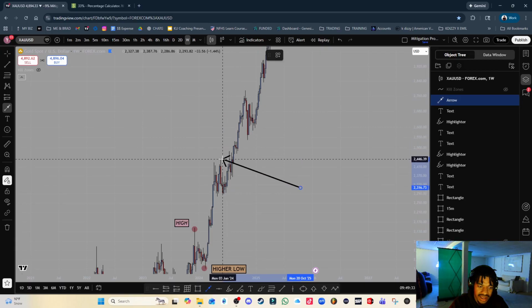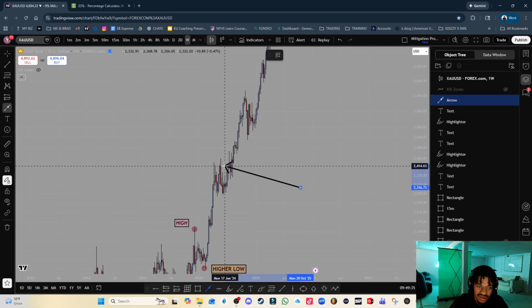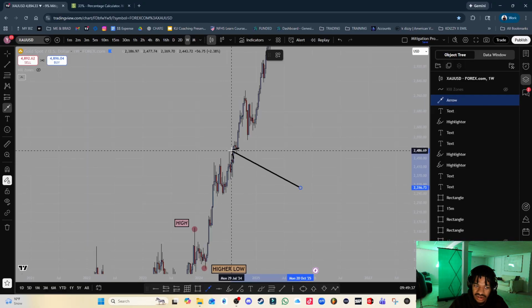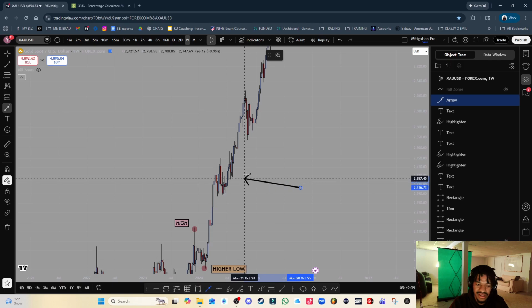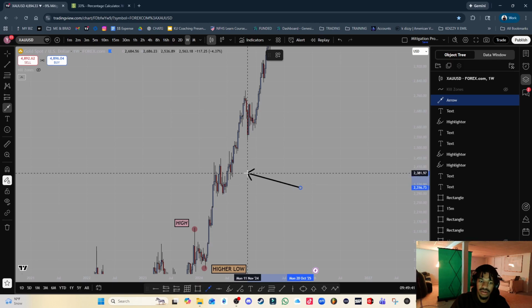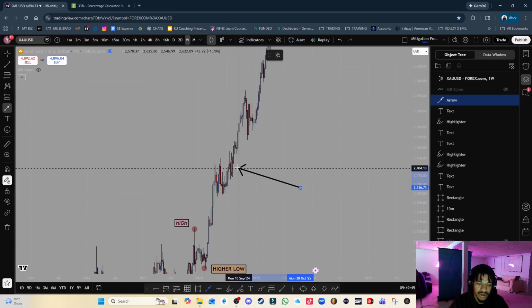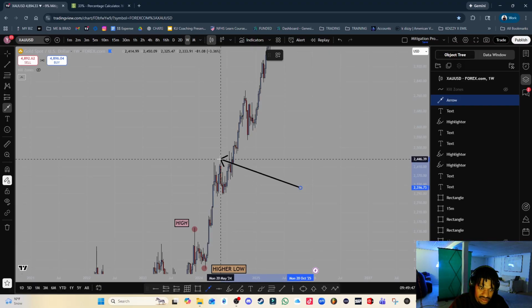But this is a high. At a certain point, this was the high. At a certain point, this was the high. But then, as you can see, there's higher highs. And through practice, you will understand how to do market structure better and how to see it better. But as you can see, this is the high.